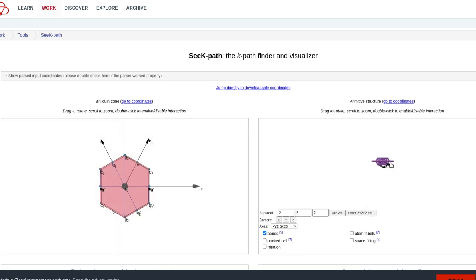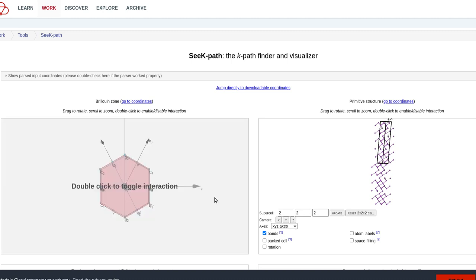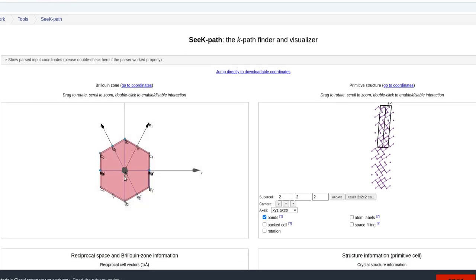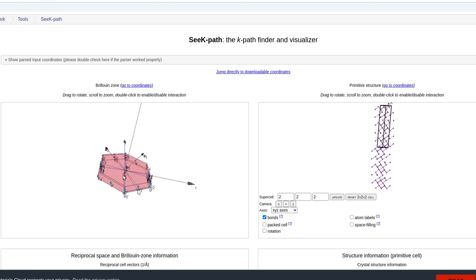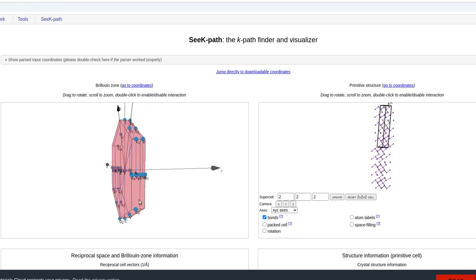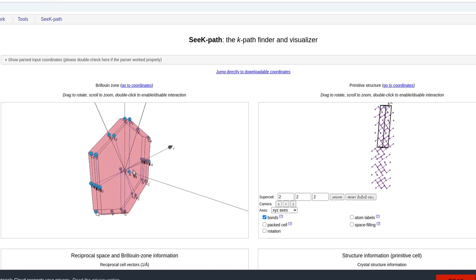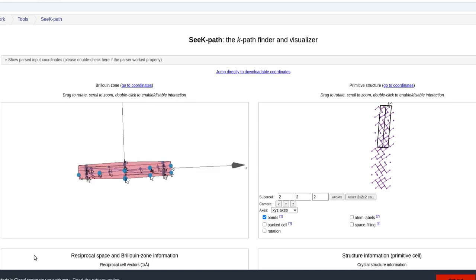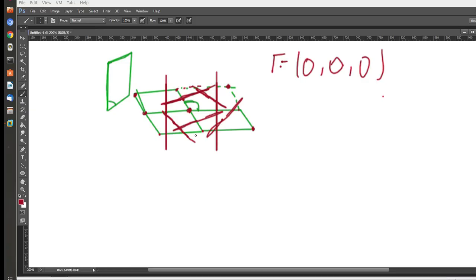So this is my unit cell, which is multiplied by 2 in each direction. So you can look at the supercell, and this is the first Brillouin zone, but in 3 dimensions. So here in 2 dimensions, it looks like that for that unit cell.